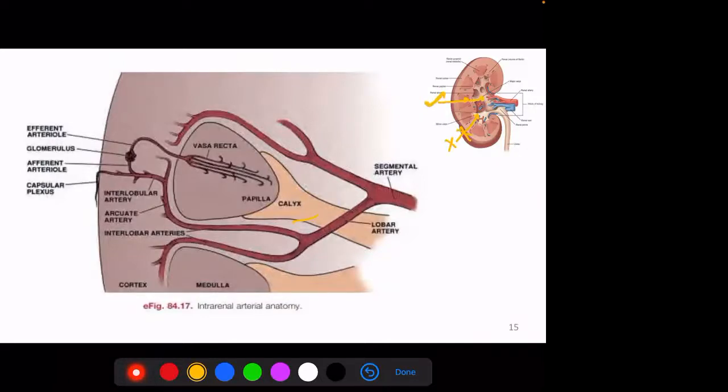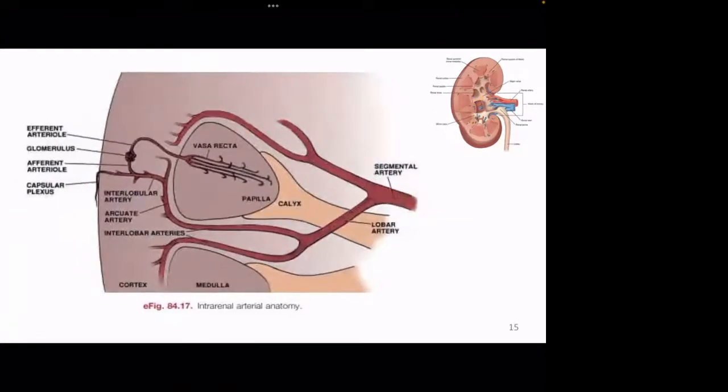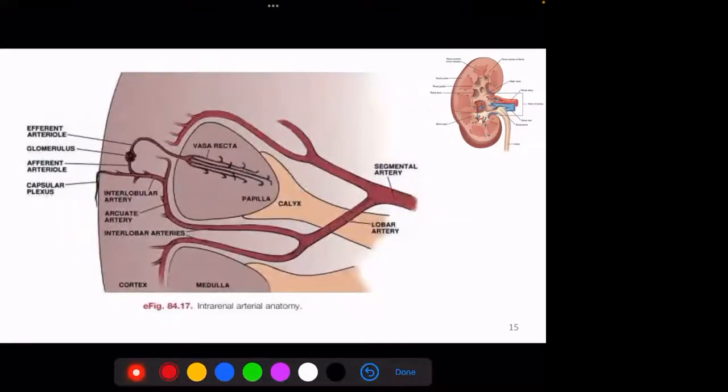Because, as we saw previously, the renal artery is divided into the apical, upper, middle, lower and posterior segmental arteries. When the segmental artery goes inside, it enters the kidney here. Is this diagram clear for you? This is an enlargement of this part. So this is the minor calyx.